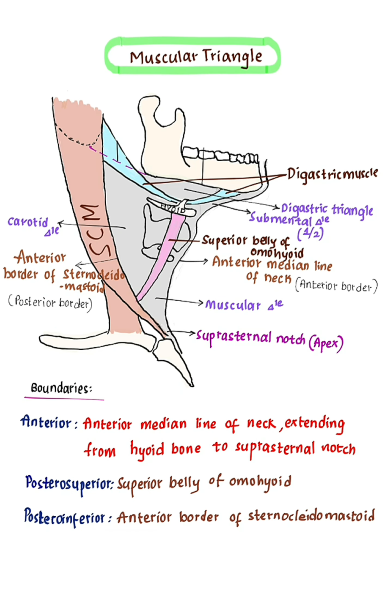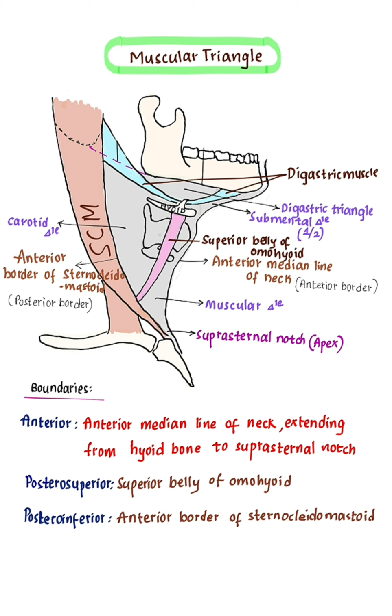Muscular triangle. Boundaries of muscular triangle. Anteriorly, anterior median line of neck extending from hyoid bone to suprasternal notch. Posteriorly we have two muscles. Posterior superiorly, superior belly of omohyoid.